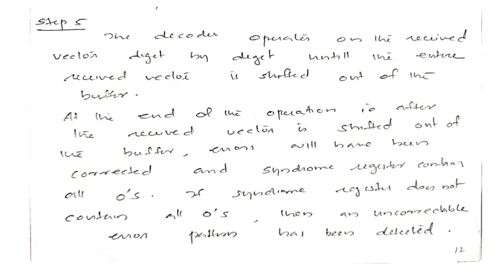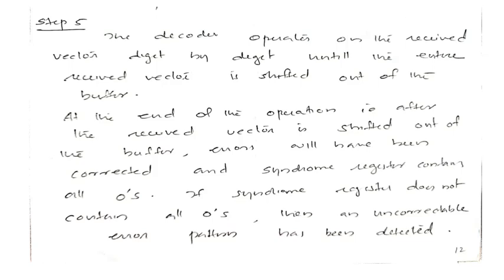One more thing: at the end of the operation, that is after the received vector is shifted out of the buffer, all the errors will have been corrected and the syndrome register contains all zeros. So if all the errors are corrected, the final syndrome should be 0.